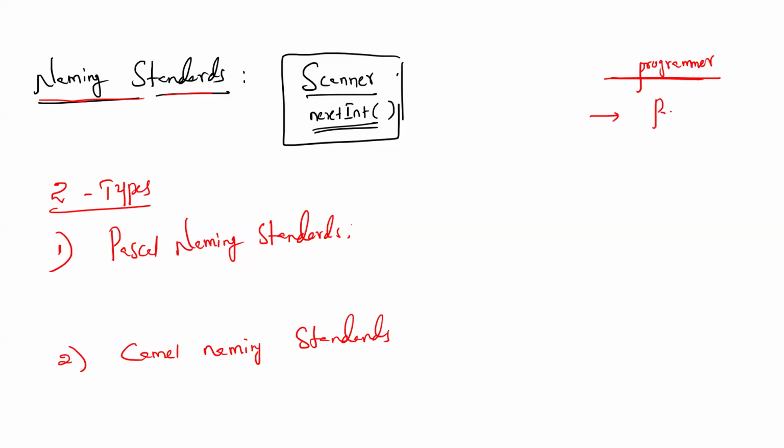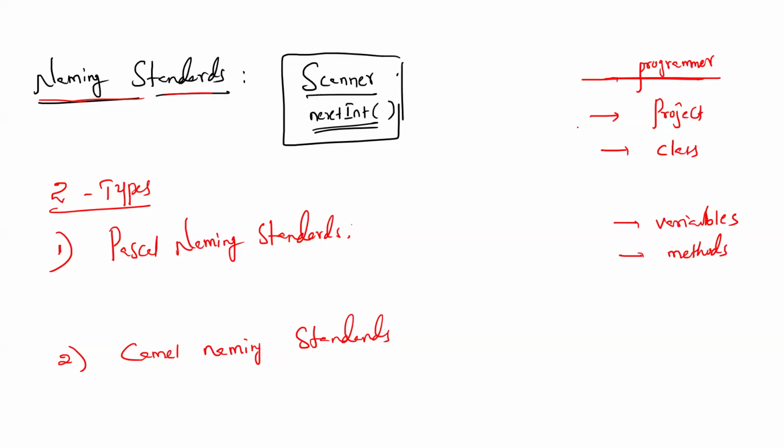We are giving a project name. Are we giving or not? Then class, we are giving the name. Then variables, we are giving the name. Correct or not? X, Y, Z, A, B, C, name, standard, mail, and all those things. Then methods also, the programmer is giving the names.